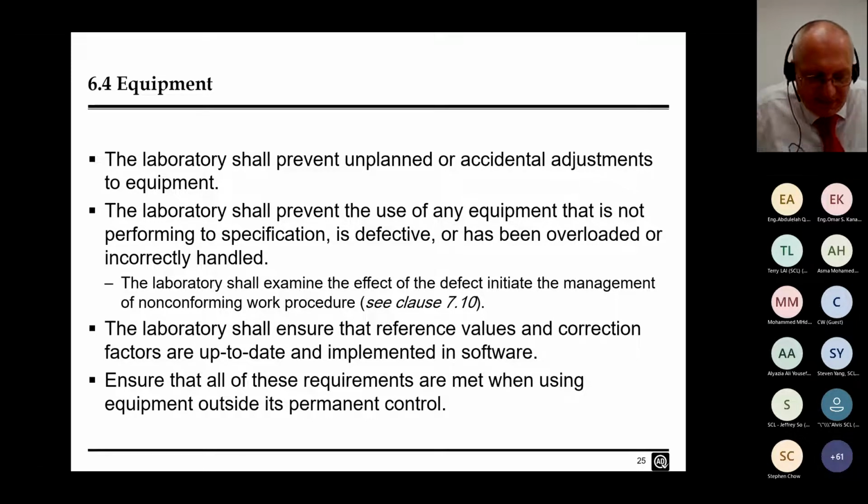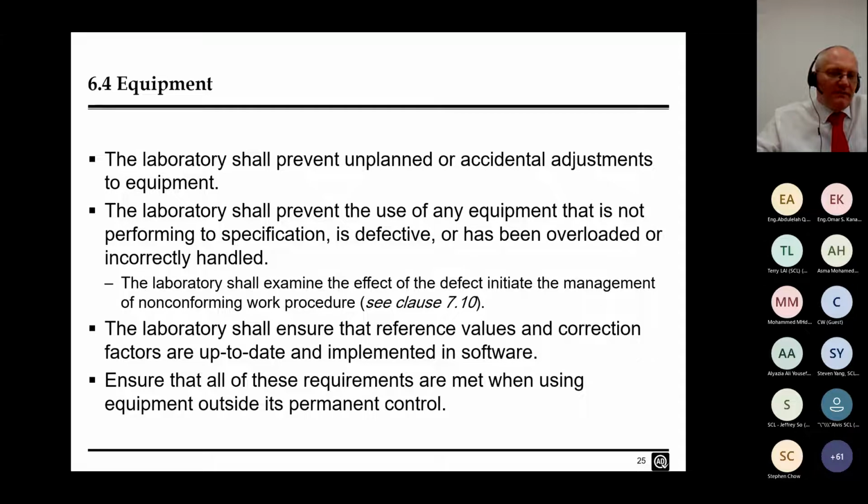You'll see it on many pieces of equipment to prevent some mechanical actions that will change the value of the equipment. We're talking about unplanned or accidental adjustments here. Hopefully no one's going to maliciously adjust your equipment, but there is always a possibility someone will make a mistake, and that's what we're trying to prevent.